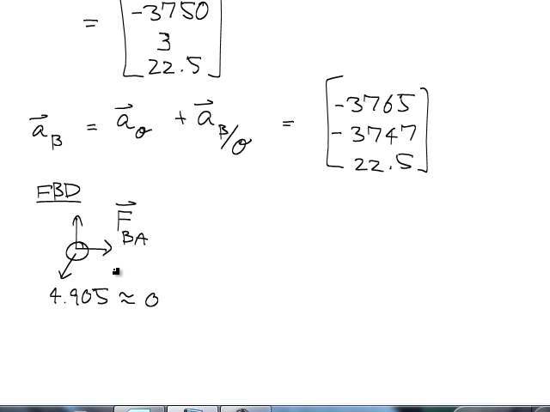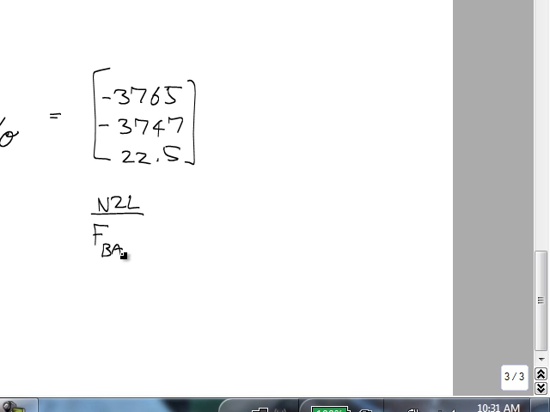F on the ball by the arm is equal to the mass times the acceleration.